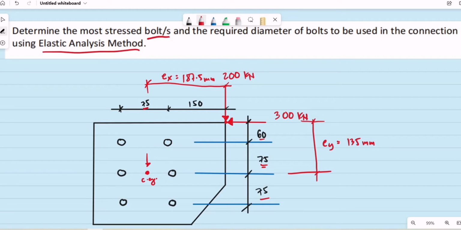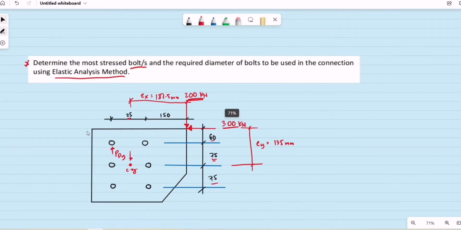So therefore, we assume that the reactions of the bolts will be equal, or these loadings will be distributed to the bolts evenly. So for the 200 kilonewton load, since that is a vertical load, let us compute for the direct shear. Let's say this is the direct shear for 1 bolt vertical, that is P sub dy.